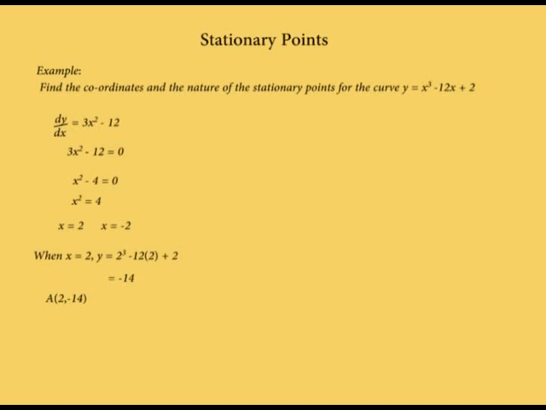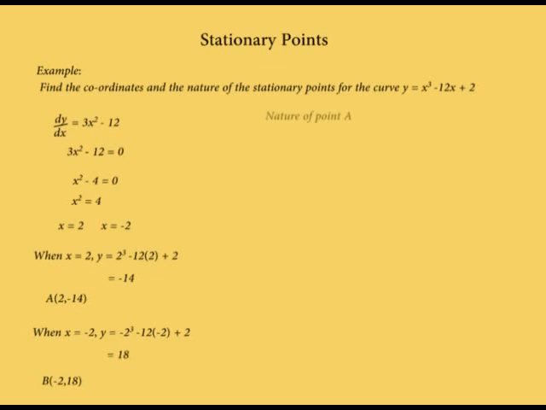Let's call it A. When x is negative 2, what will be the y coordinate? Substitute y is equal to minus 2 cubed minus 12 times minus 2 plus 2, which will give us 18. And so the other stationary point has coordinates (minus 2, 18). Let's call it B.